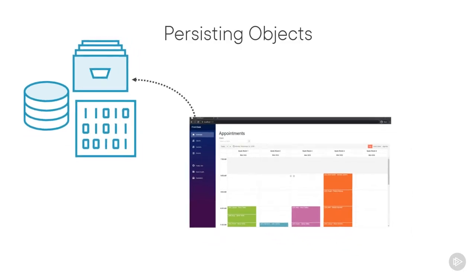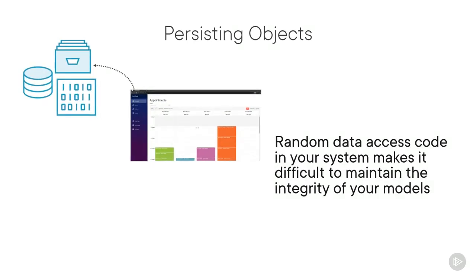And having ad hoc access to the data source also promotes having developers query for any bit of data they want, anytime they want, rather than using aggregates. This makes it pretty difficult to manage the consistency of aggregates by enforcing their invariants. At best, the logic for enforcing the integrity of the model becomes scattered among many queries, and at worst, it's not done at all.